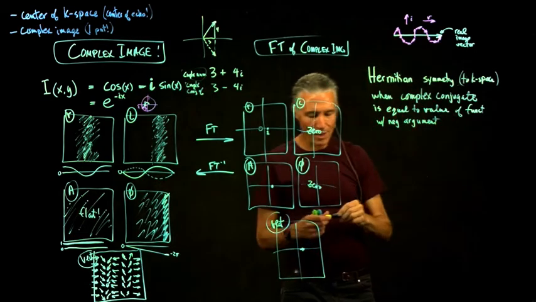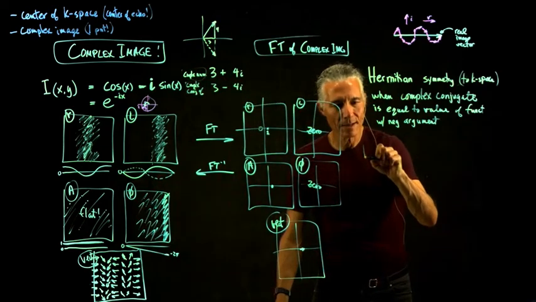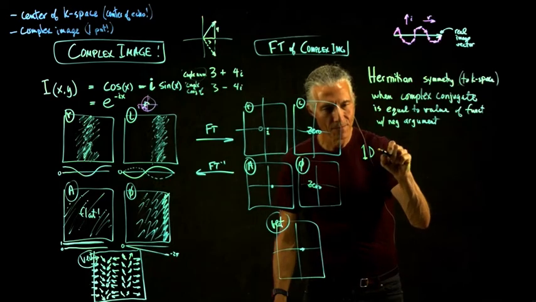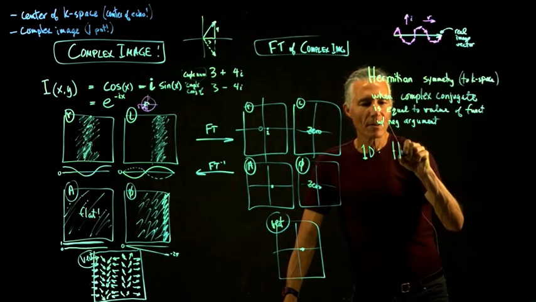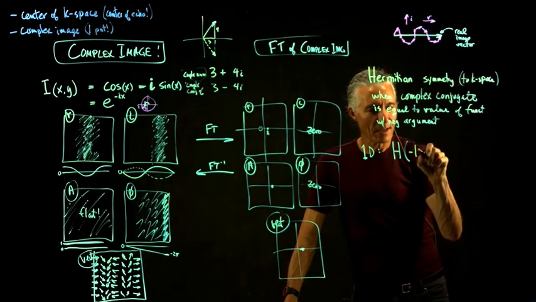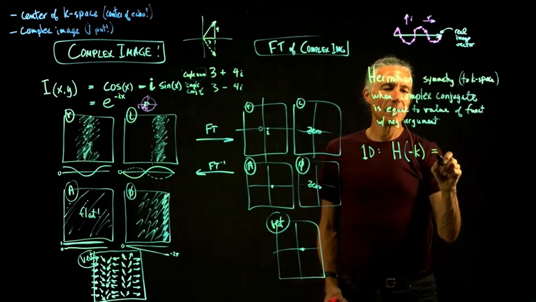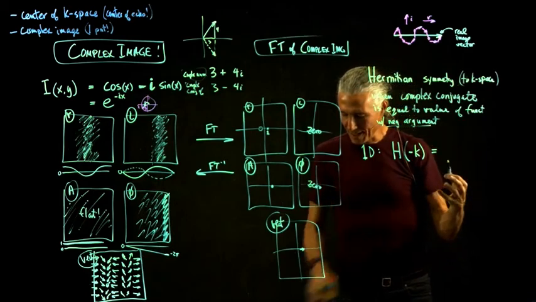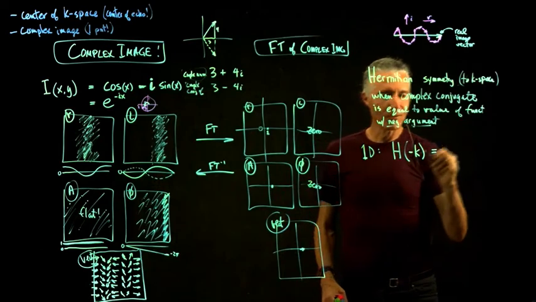So in 1D, that would mean, so here's a 1D example. We're in 2D, but we'll start with 1D. So in 1D, what does that mean? That means that the Fourier transform of negative k, that's this negative argument, equals the complex conjugate of the Fourier transform of k.